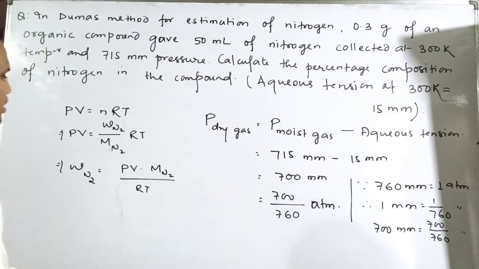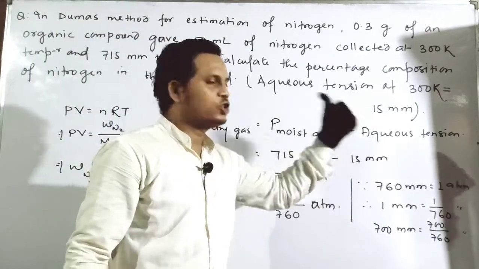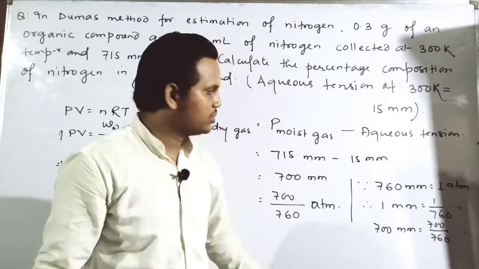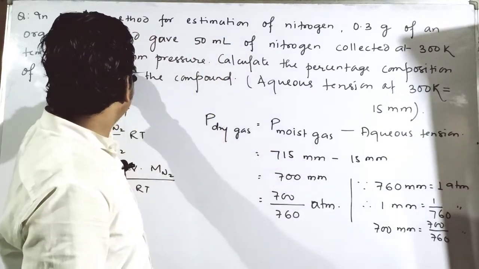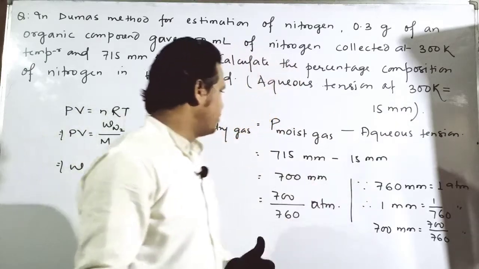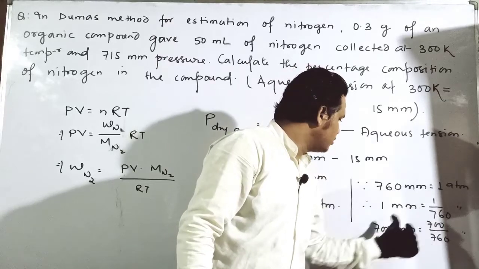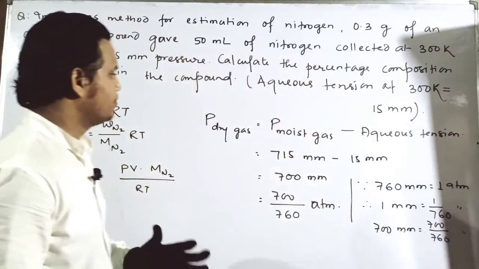Okay, so first we got the pressure. Pressure of the dry gas is pressure of the moist gas minus aqueous tension. Moist gas pressure 715 mm is given, aqueous tension 15 mm is given. We know that 760 mm is 1 atmosphere, so 700 mm will be this.